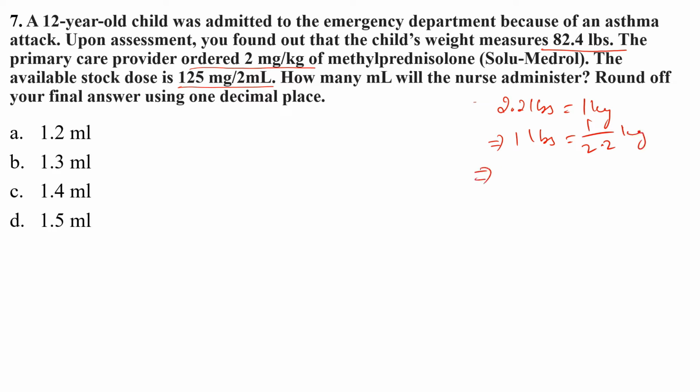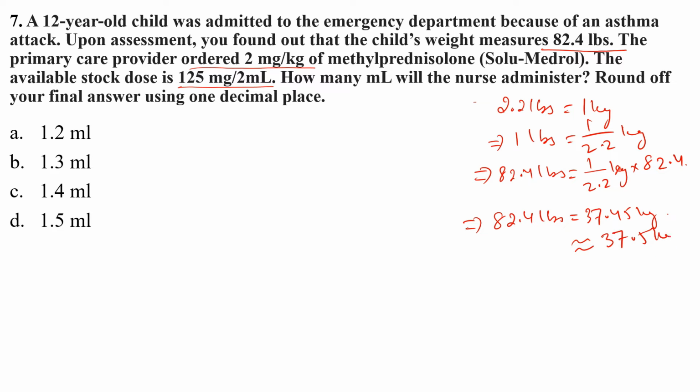If we multiply both sides by 82.4, 82.4 pounds will be 1 divided by 2.2 multiplied by 82.4, and we will get 37.45 kg. We'll take it approximately as 37.5 kg. So the weight of the child in kg is 37.5 kg.